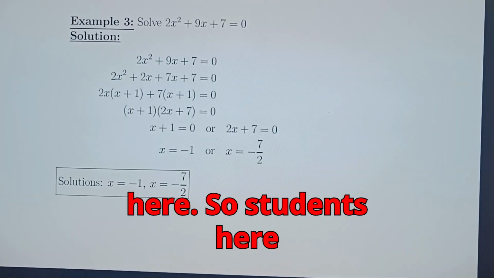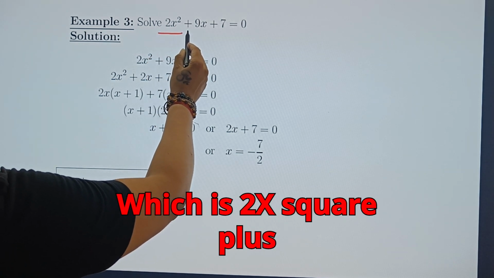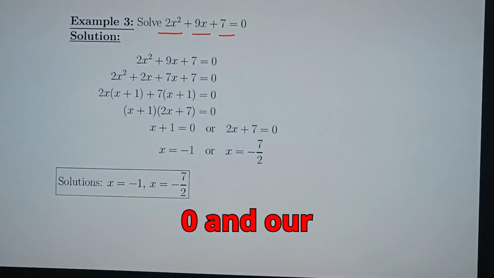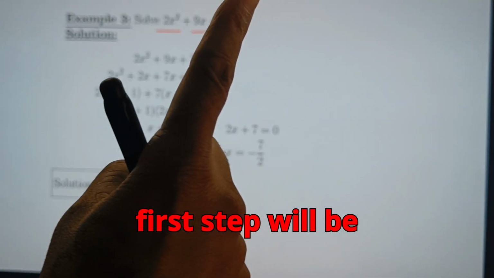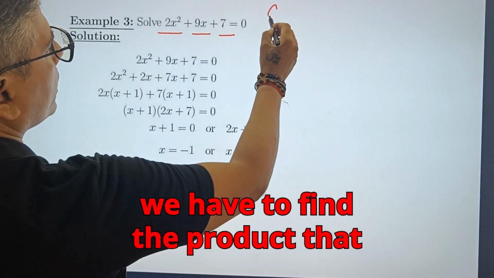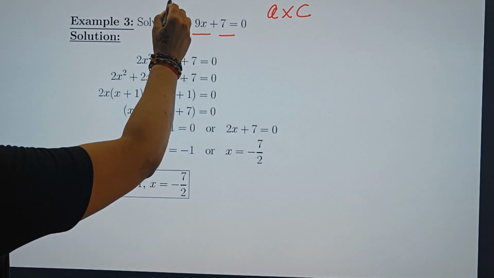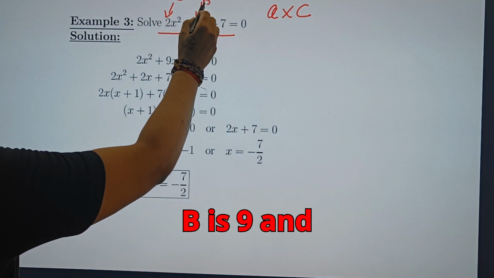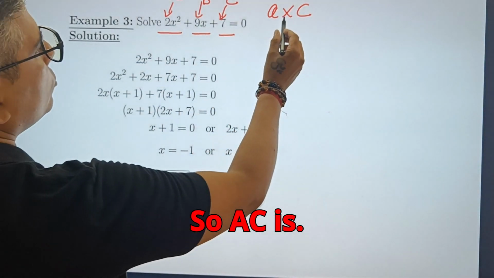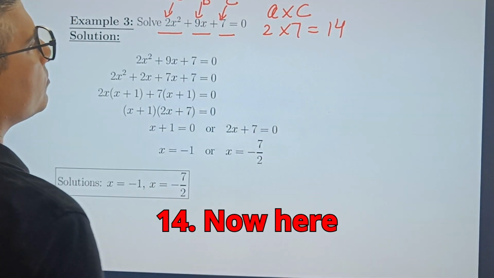So students, here we have another example, which is 2x square plus 9x plus 7 equals 0, and our first step will be to find the product, that is a into c. So a is 2, b is 9 and c is 7. So a into c is 2 into 7, which is 14.